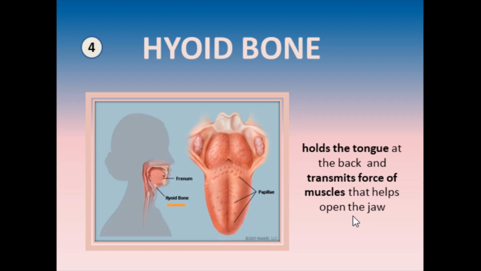The jaw has its capacity to open because there is the presence of the hyoid bone. It transmits the force of muscles, thus making the jaw open. Those are the 4 basic parts of the tongue.